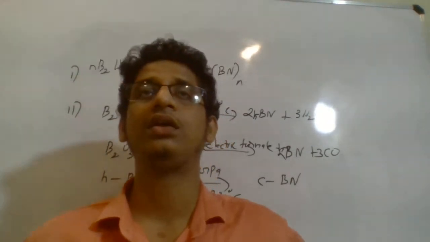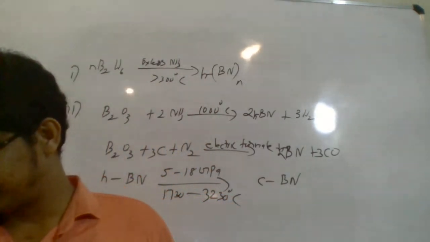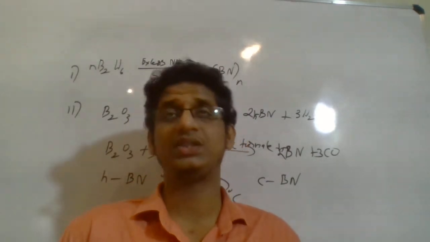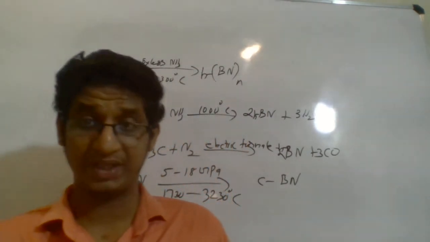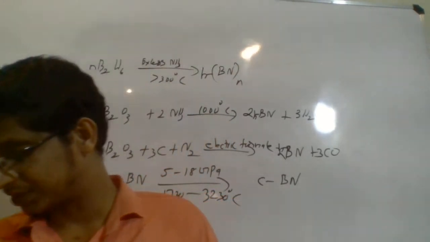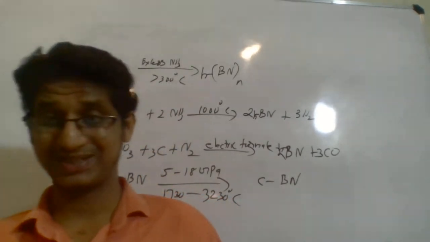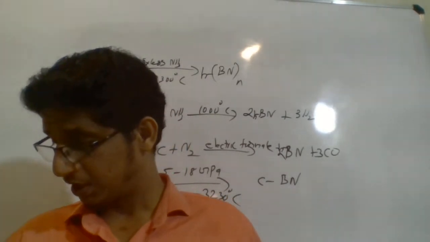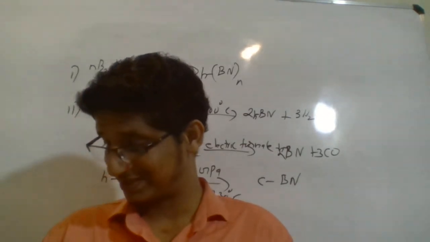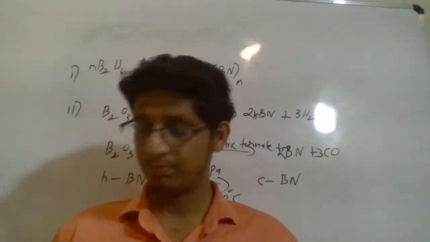So those are the points you can remember about cubic boron nitride. Similarly, hexagonal boron nitride, like graphite, has a lubricating property and it can withstand high temperature. That's why its applications are as high temperature resistant lubricant and high temperature resistant paints. It is used there, and high temperature special resistors are prepared from hexagonal boron nitride.